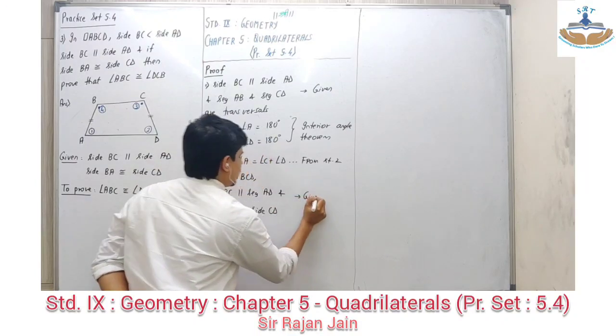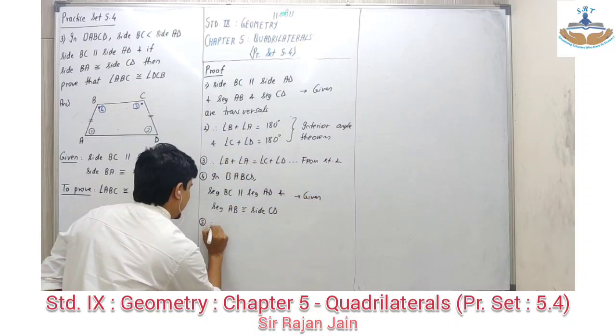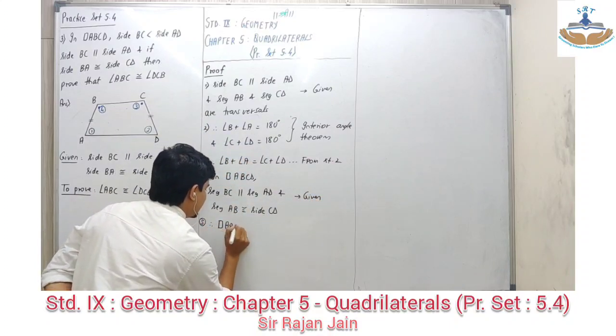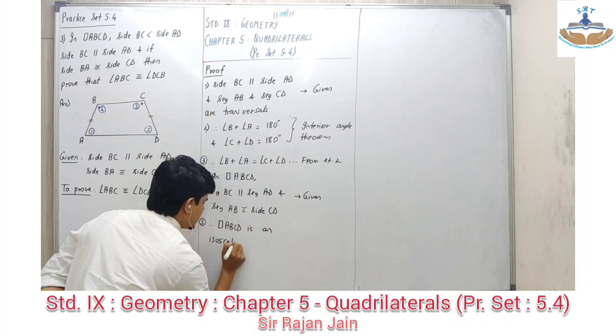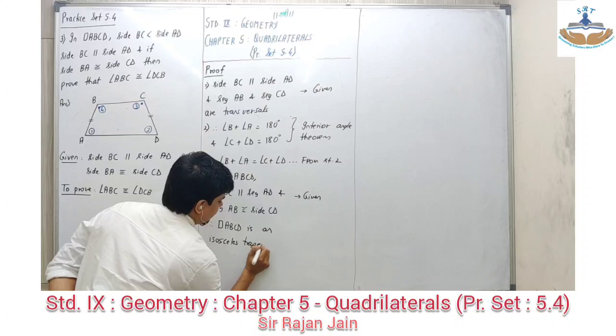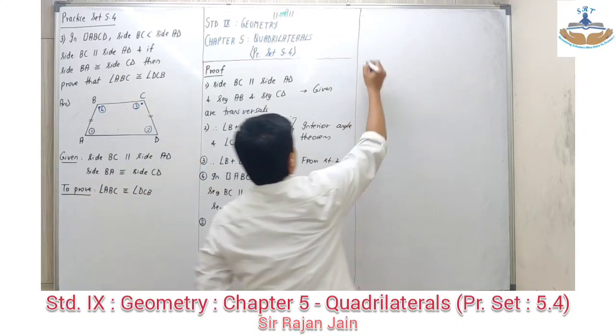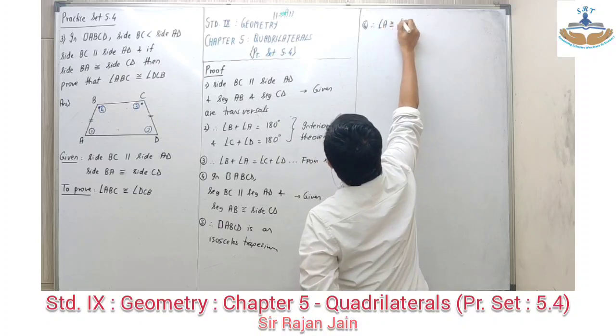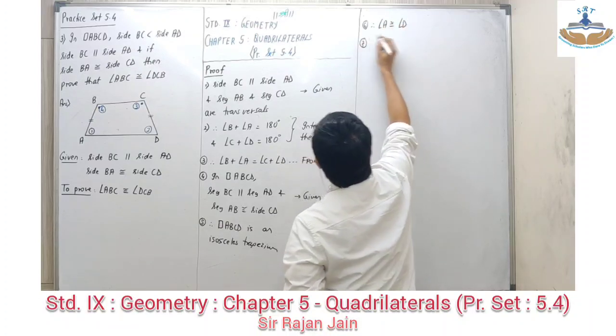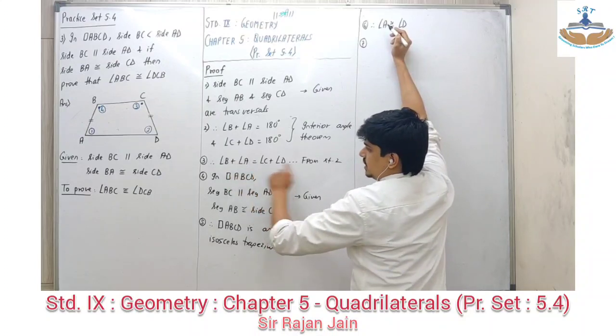Reason, this is what is given in the question. Therefore, quadrilateral ABCD is an isosceles trapezium, and if it is an isosceles trapezium, therefore you can conclude angle A is congruent to angle D. This conclusion I put in this step.